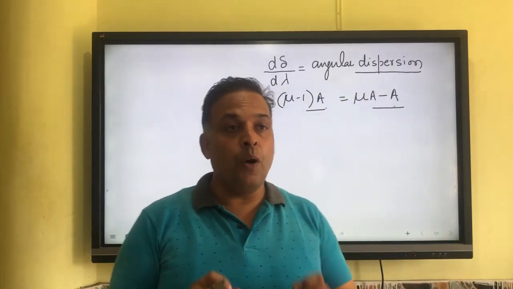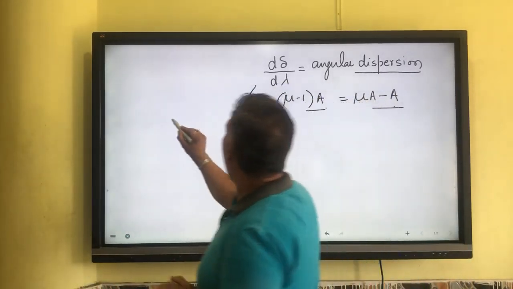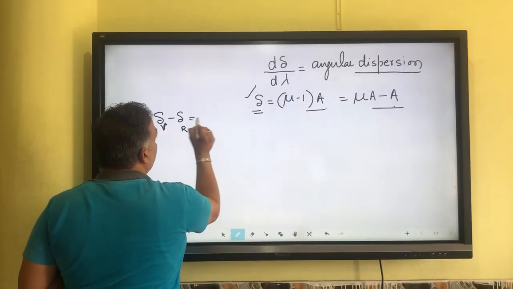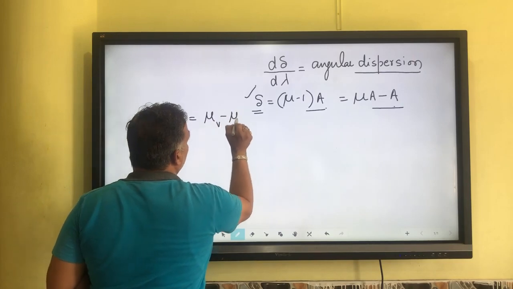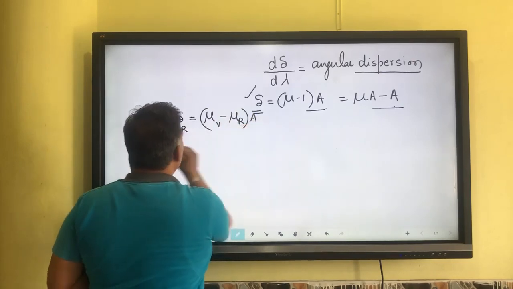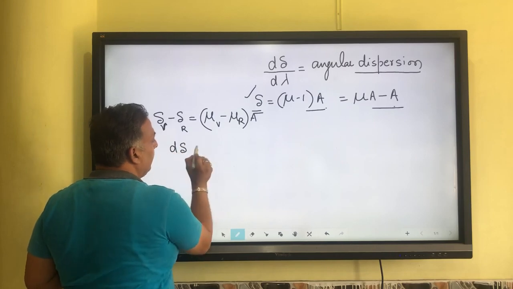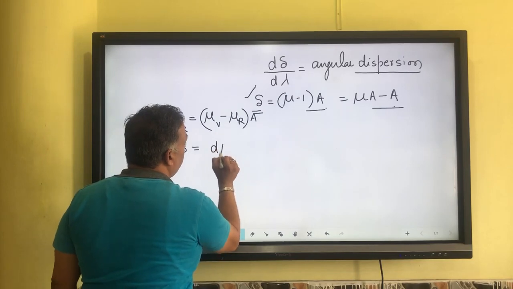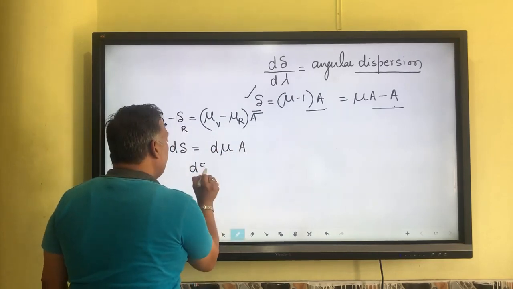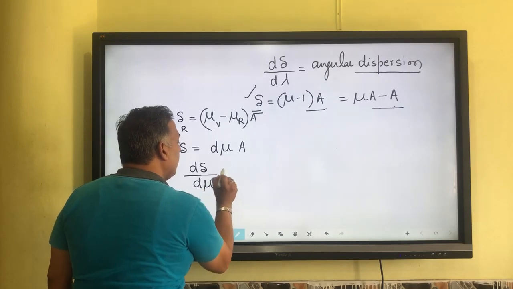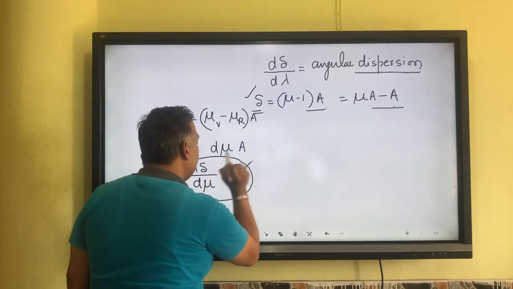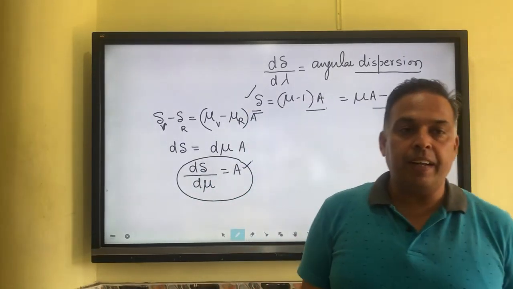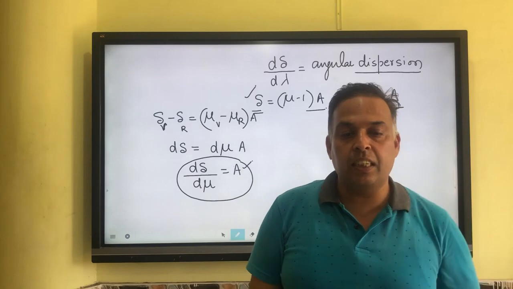But we know that delta V minus delta R is (mu V minus mu R) into A. We can take this as d delta equals d mu into A, so d delta upon d mu is equal to A. This is a small deviation of an angle upon a small change in refractive index.